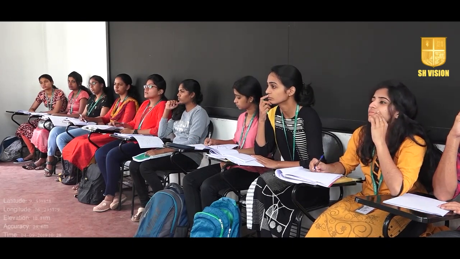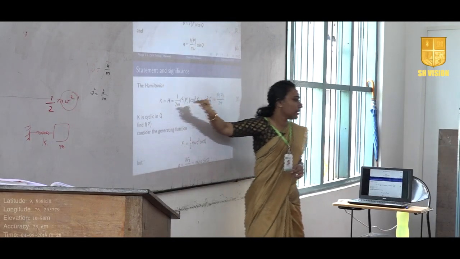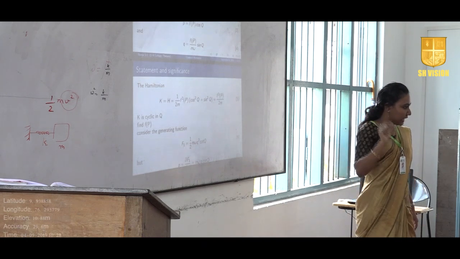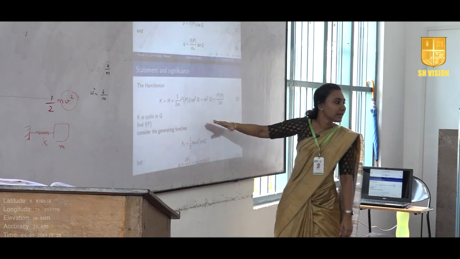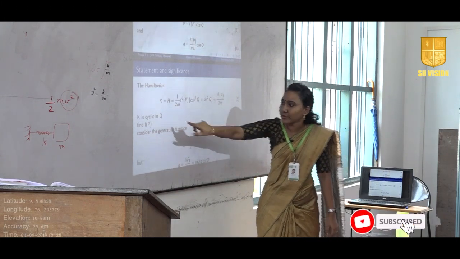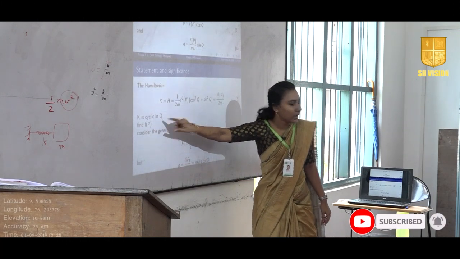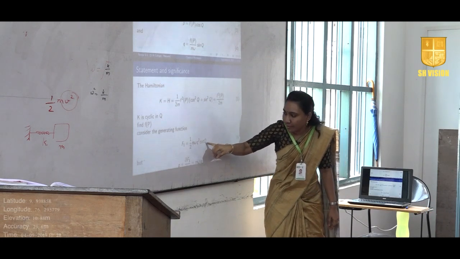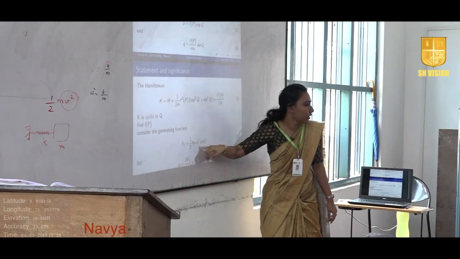Now we have to find f(P). This is the function which generates the canonical transformation, and for that you have to consider the generating function. Here you have to find f(P), and K is cyclic in Q. So your generating function should have capital Q, and the other part can have small q.